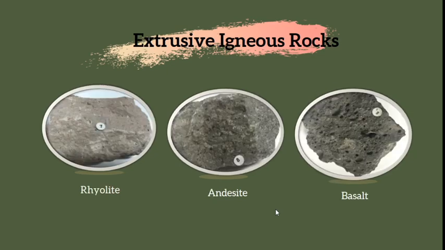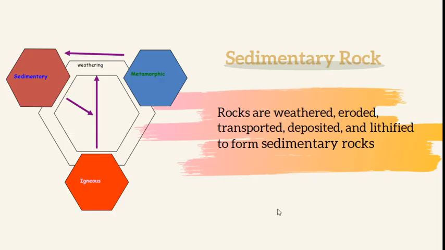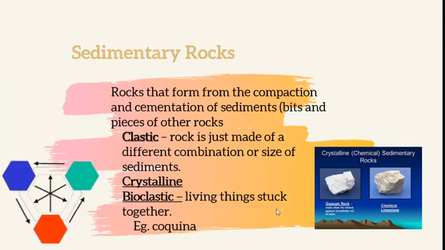For extrusive igneous rocks, we have rhyolite, andesite, and basalt. Next, we have sedimentary rock. Rocks are weathered, eroded, transported, deposited, and lithified in order to form sedimentary rock.